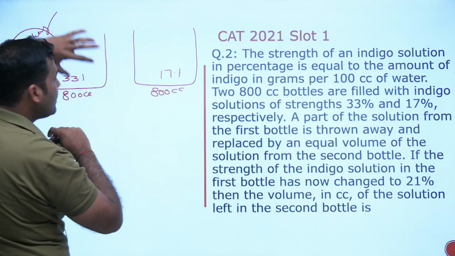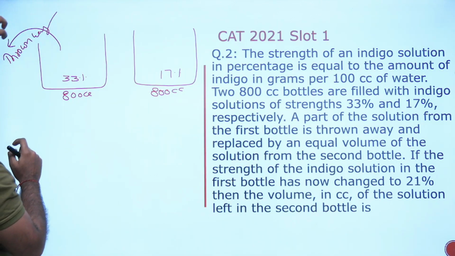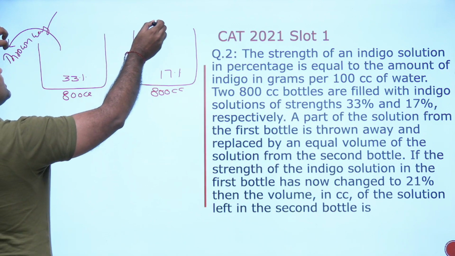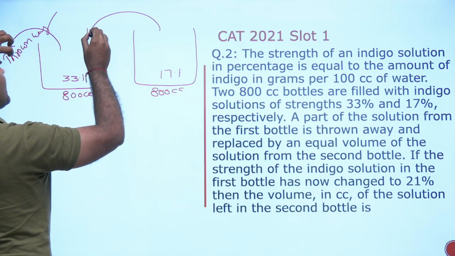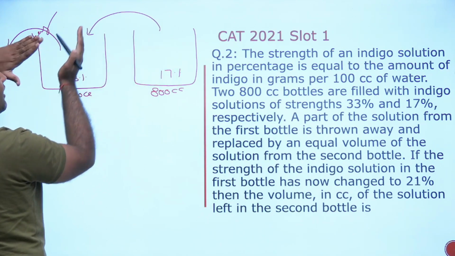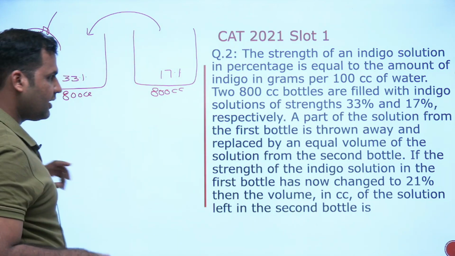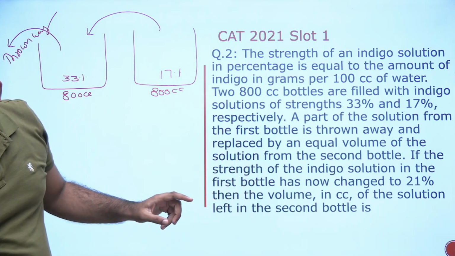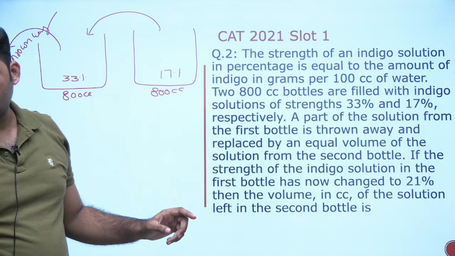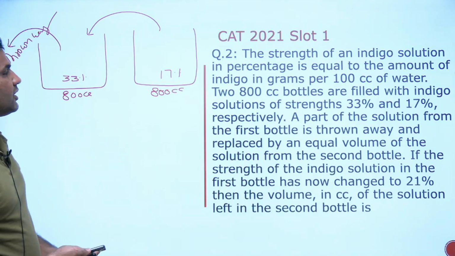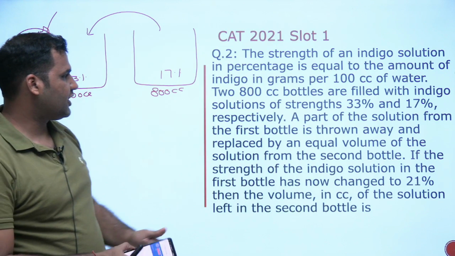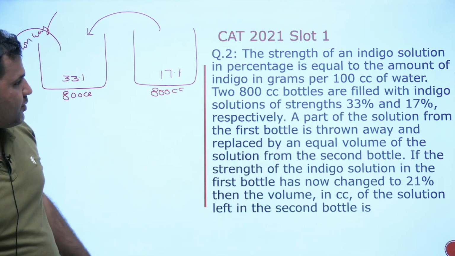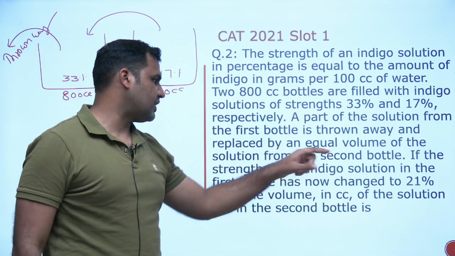And now what you're doing is whatever part you are throwing away, the same amount of value has been taken from the second solution and put in this solution, right? A part of the solution from the first bottle is thrown away and replaced by an equal volume of solution from the second bottle.